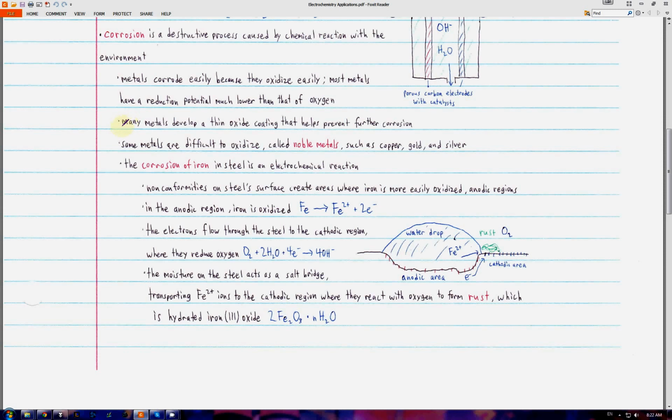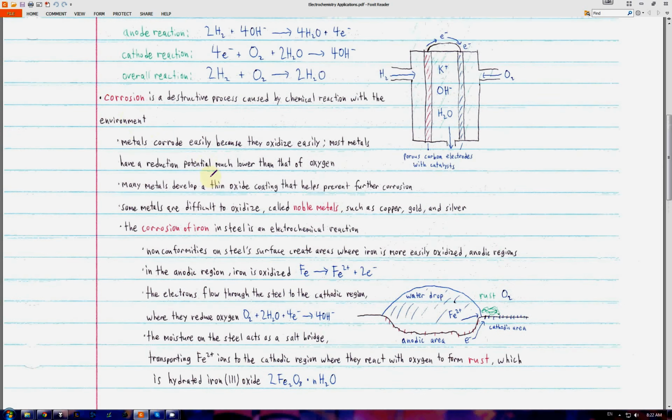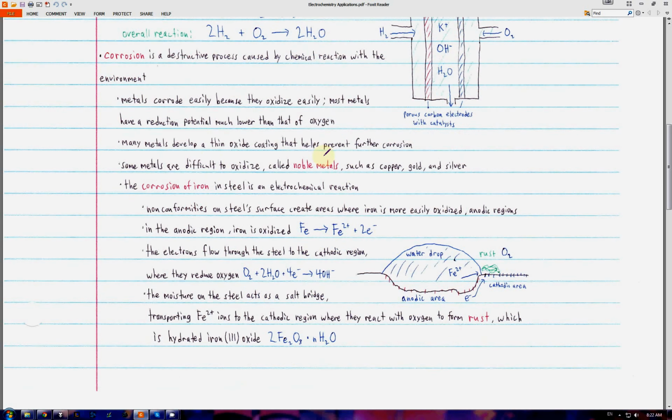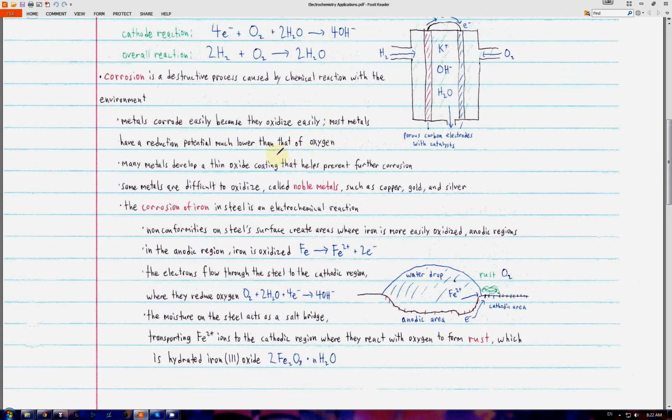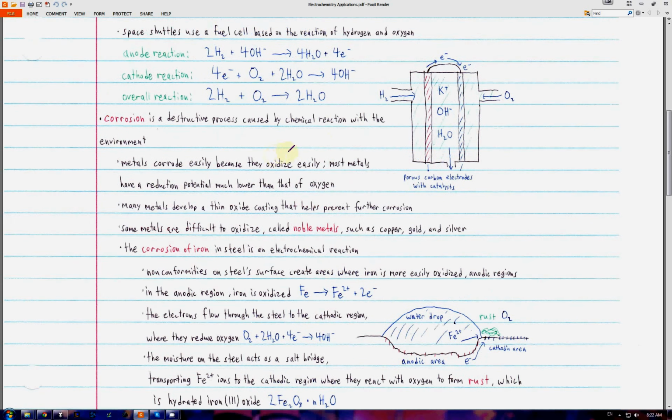If you look at a table of reduction potentials, most metals have a potential much less than the potential of oxygen. So if the metal and the oxygen react, the oxygen will be reduced while the metal is forced to oxidize. And this reaction usually has a very positive potential, which is why metals corrode easily.